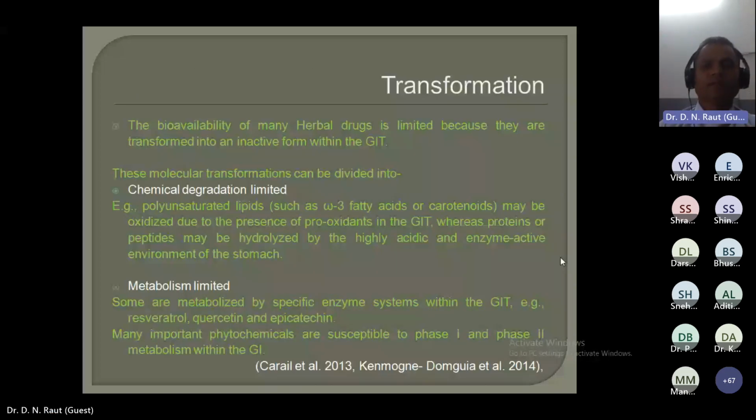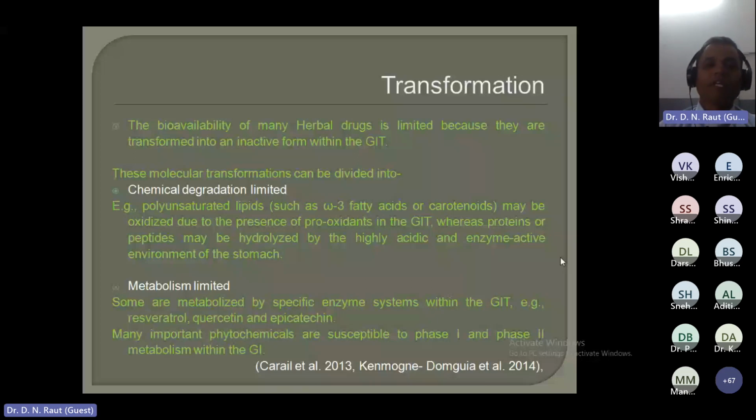This is another limitation: a transformation takes place in our body of those particular chemicals, and their activity gets diminished. The bioavailability of many drugs is limited because they are converted into inactive forms. This molecular transformation can be divided into chemical degradation as well as metabolism.